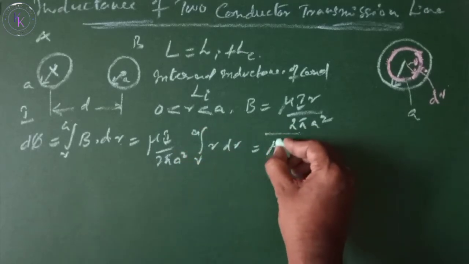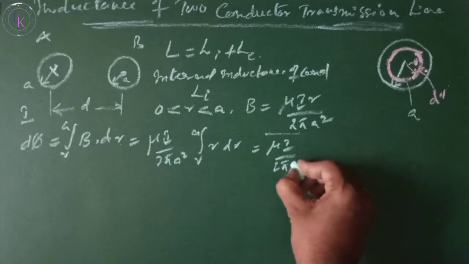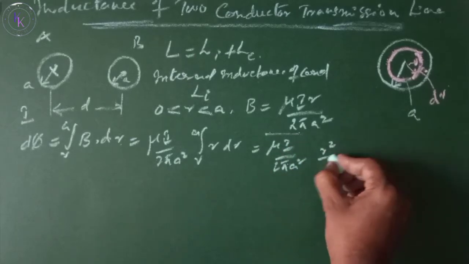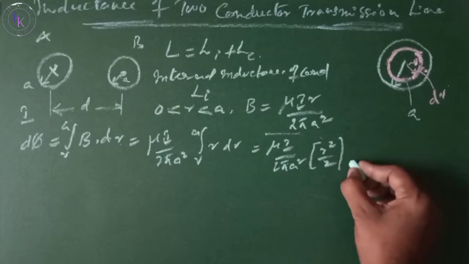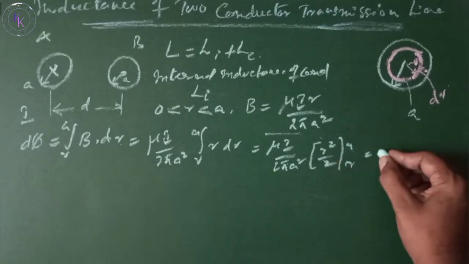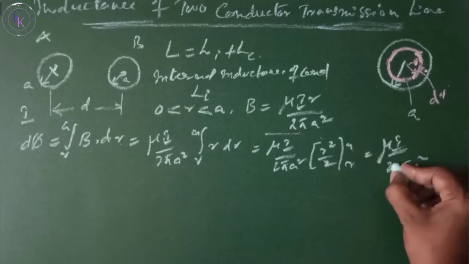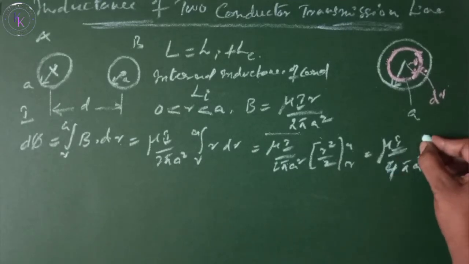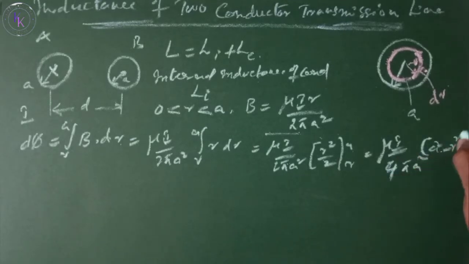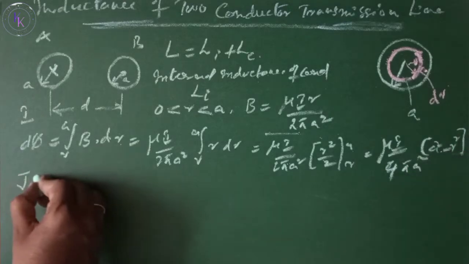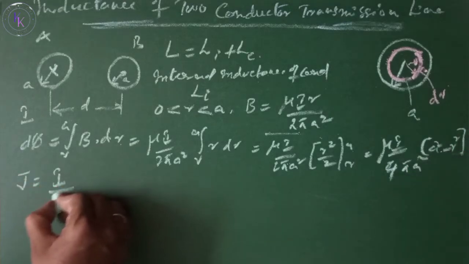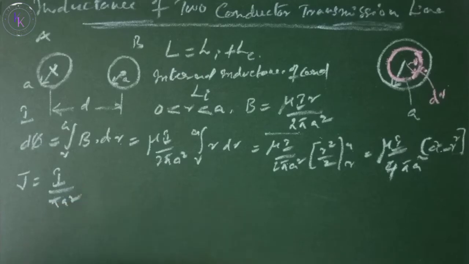Now let us find out this. Mu I divided by 2 pi a square, r square by 2 from a to r. Now this is mu I by 4 pi a square, a square minus r square. Let the current density J in the conductor be the current divided by the area, that is I by pi a square.